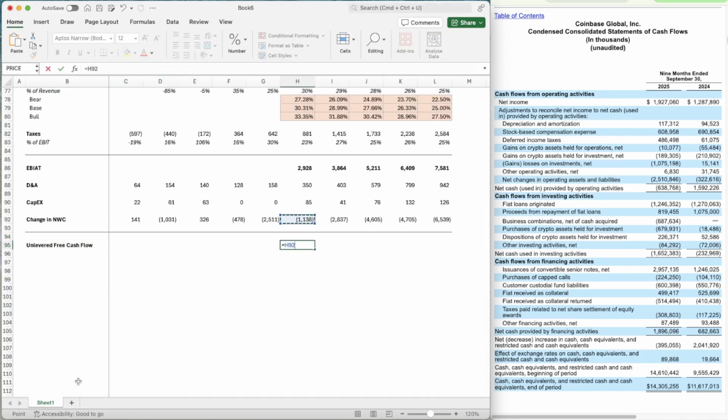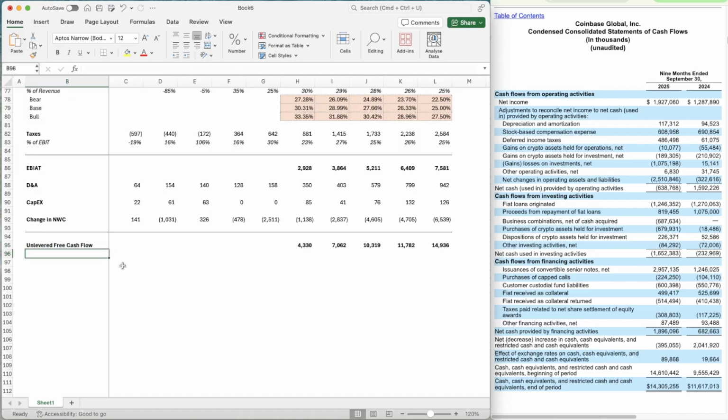To do this, we take our EBIAT, we add back in depreciation and amortization because it's a non-cash expense, and we subtract the capex and the change in net working capital. We just pull it along, and there we have it. For the next 5 years, this is what we're forecasting Coinbase to produce in free cash flow.